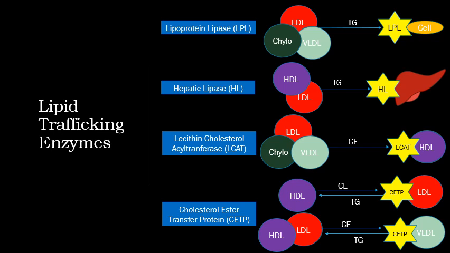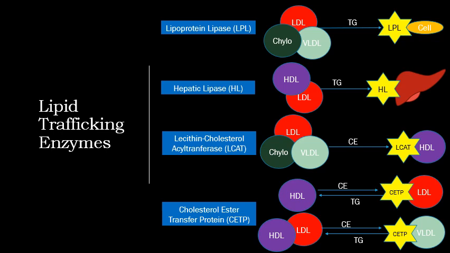I'll start with lipoprotein lipase. This enzyme is present on numerous cells and hydrolyzes triglyceride from the chylo, VLDL, and LDL particles. This is the enzyme that removes the triglycerides so that they can be used for ATP production in the cell.